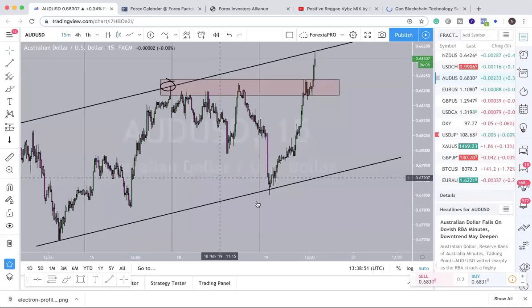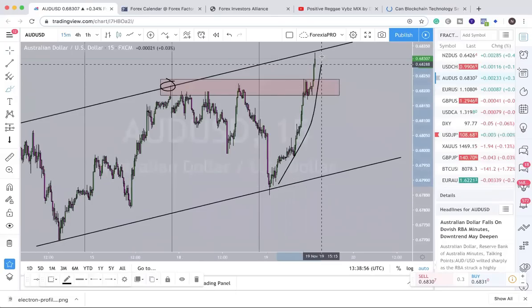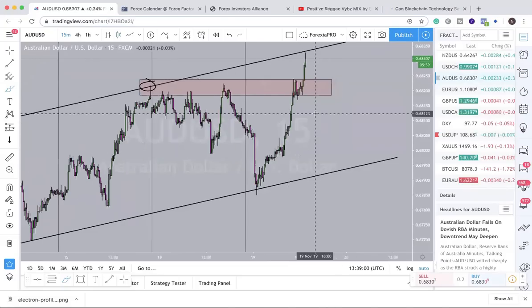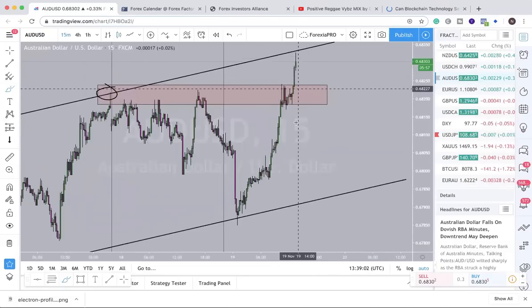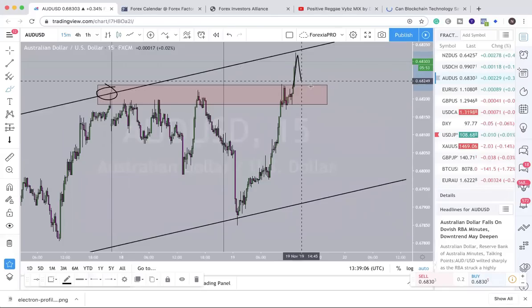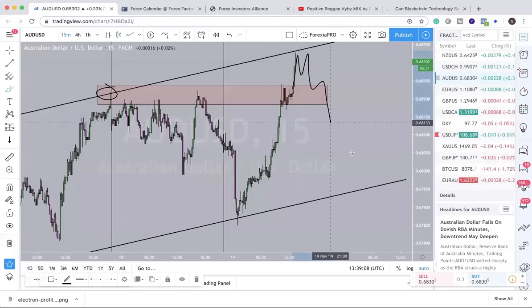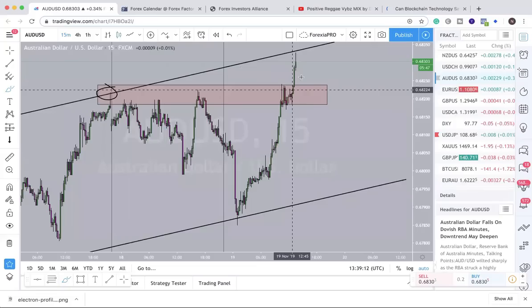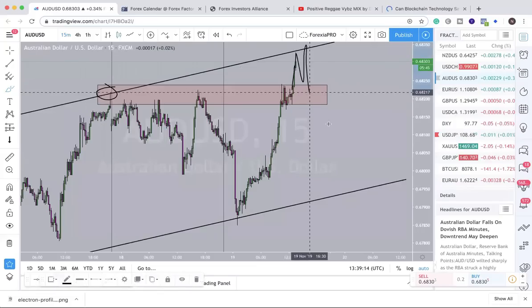Looking at AUD USD, we can see a very volatile upward movement for a good part of the day. So I would expect some type of a reversal on this pair. However, I'd like to see what I just drew, like an M formation or something like that.